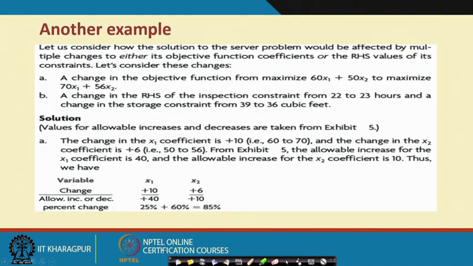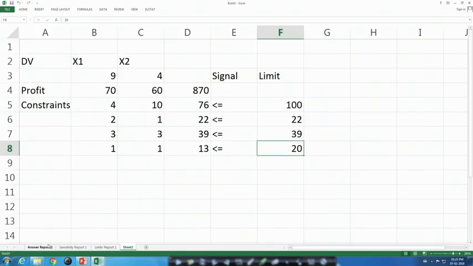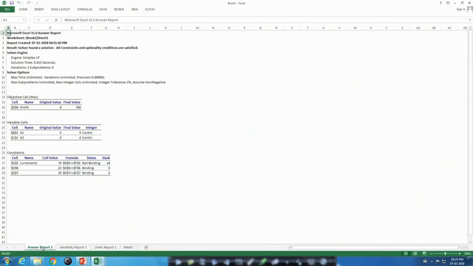So, now what is happening here? If you go to the Excel sheet here, this is the answer report, and you find here this is the original solution 740, without any application of sensitivity analysis. And in fact, what we have already discussed here, the first constant is not binding, and the second constant is showing binding, and the third constant is binding.